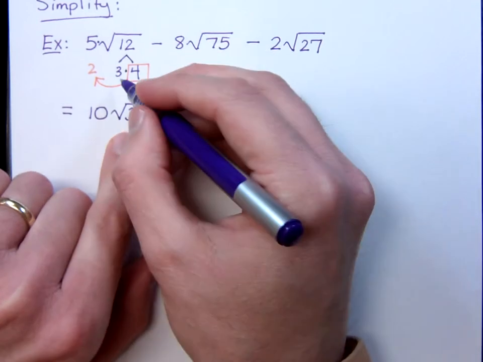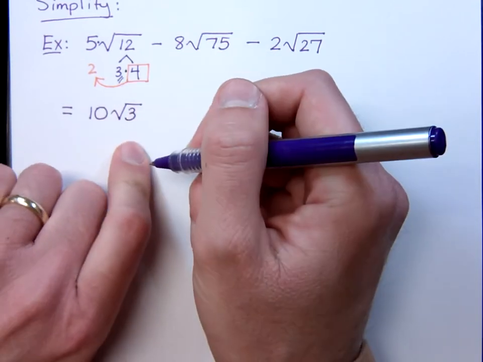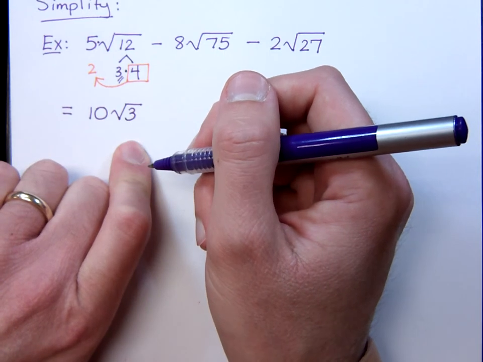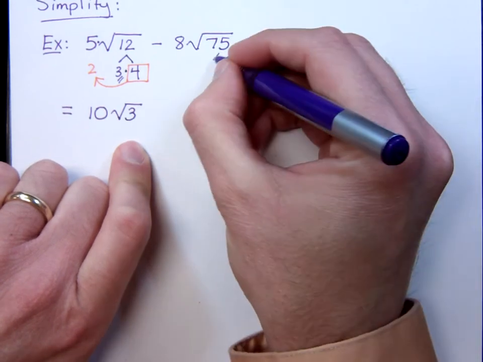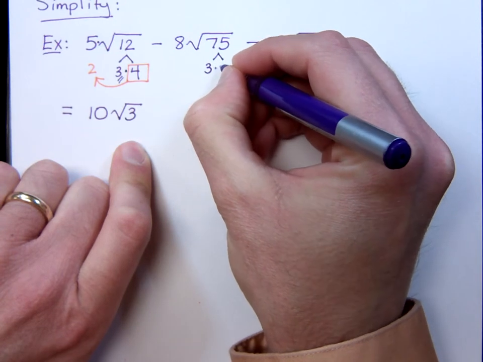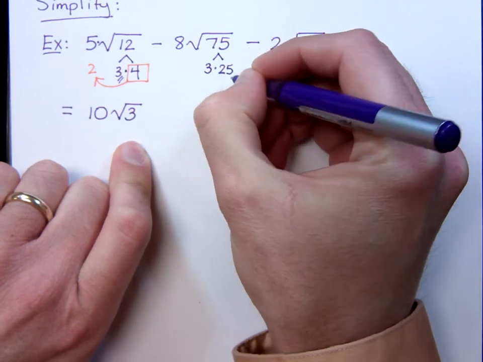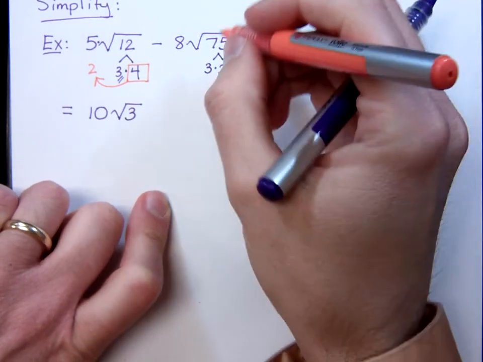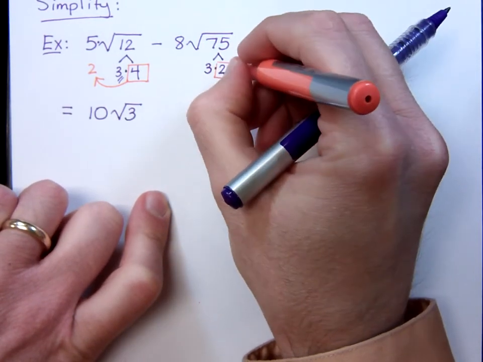Well, notice I've got a 3 left inside this radical. If I'm going to combine this with other radicals, what must also be left inside those radicals? 3. Now does 3 go into 75? 25 times. Oh, that's nice. And why is that nice? Because 25 is a perfect square.